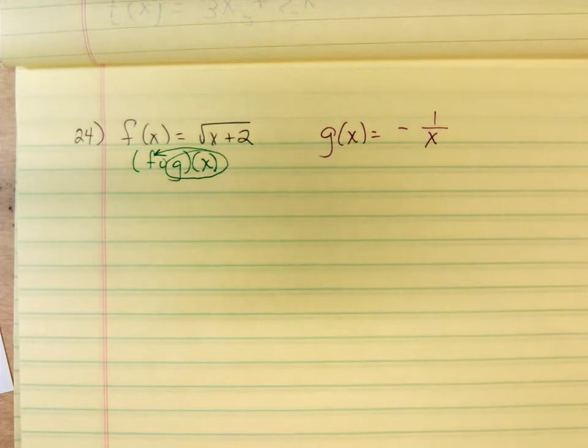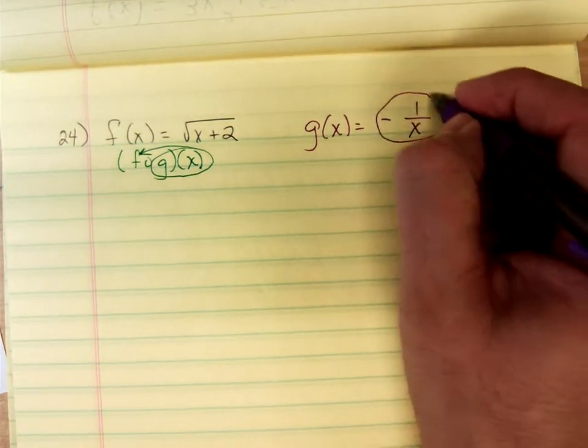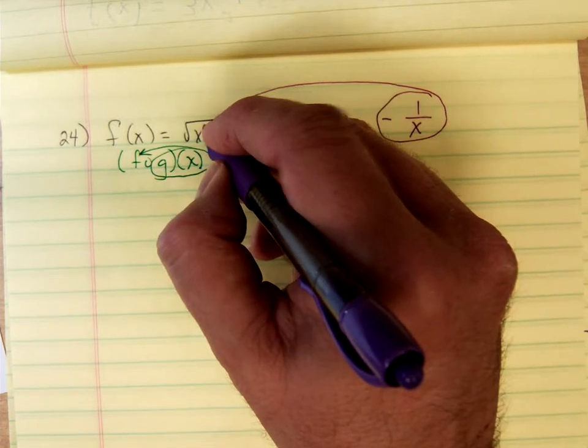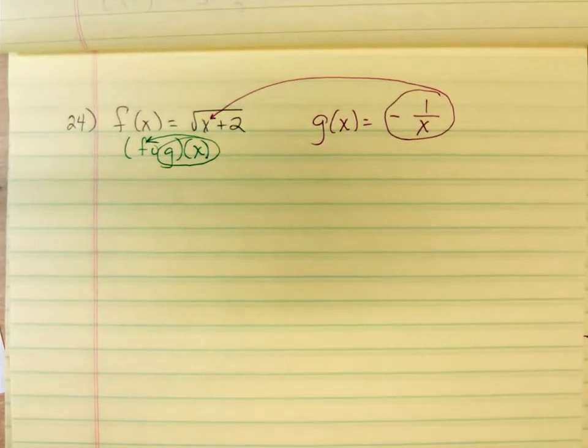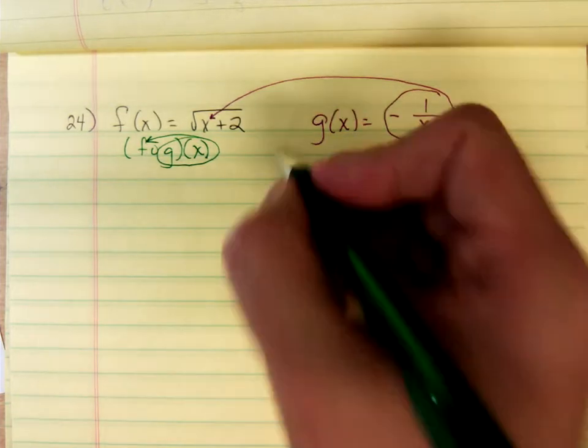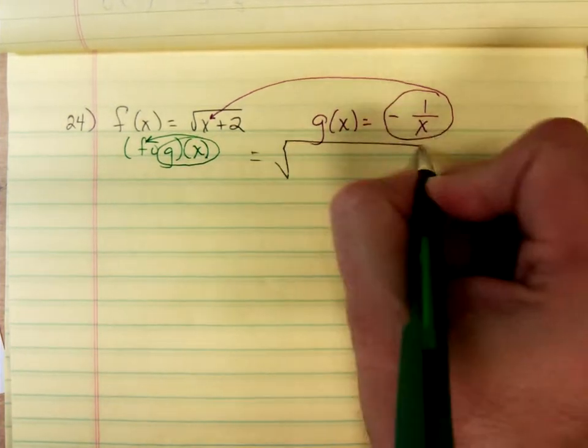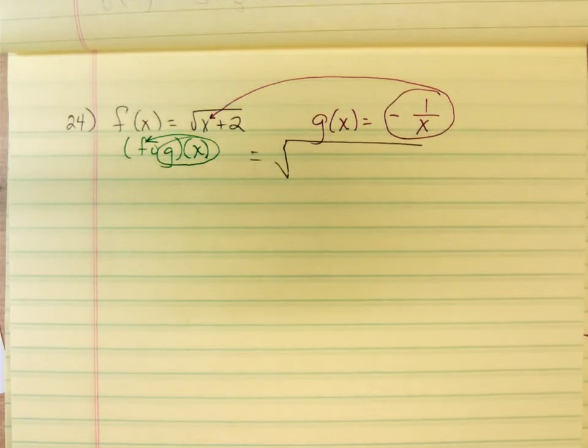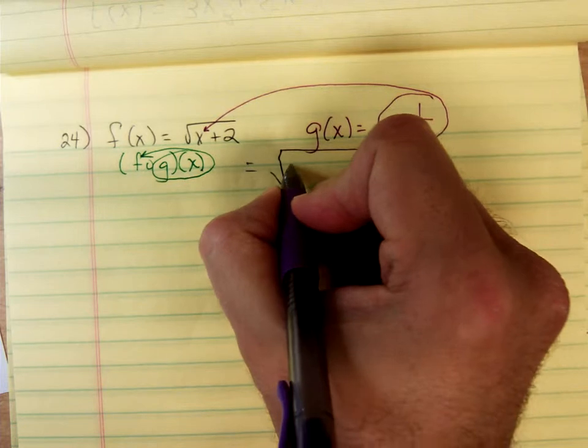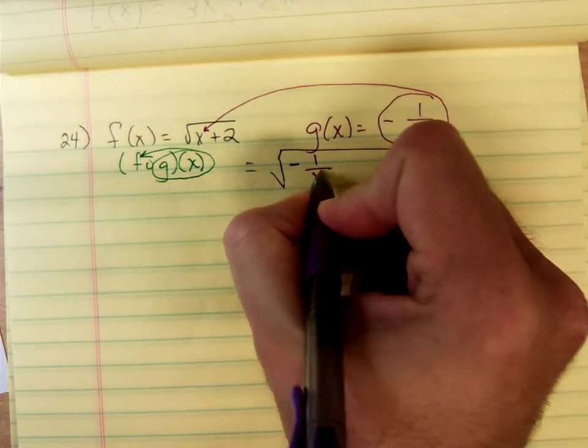So I'm plugging this purple g into the function f. So in place of that black x, I'm going to put a purple negative, wow, this motion sensor in here is going crazy.